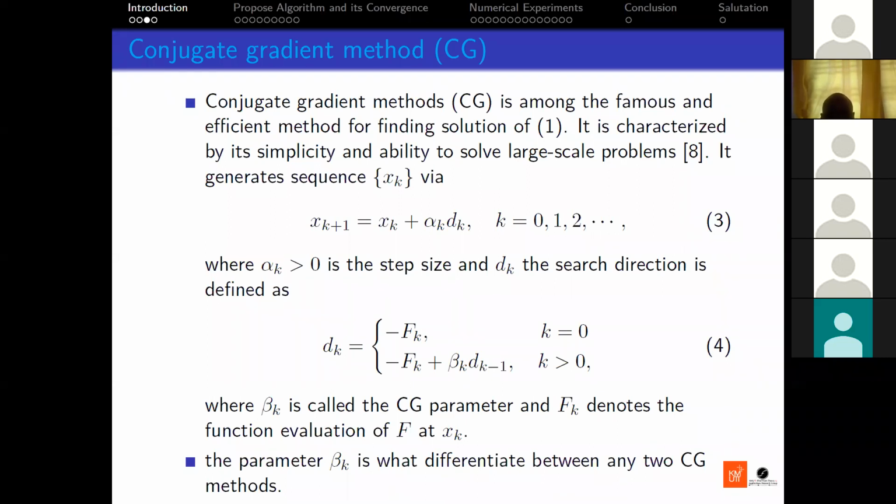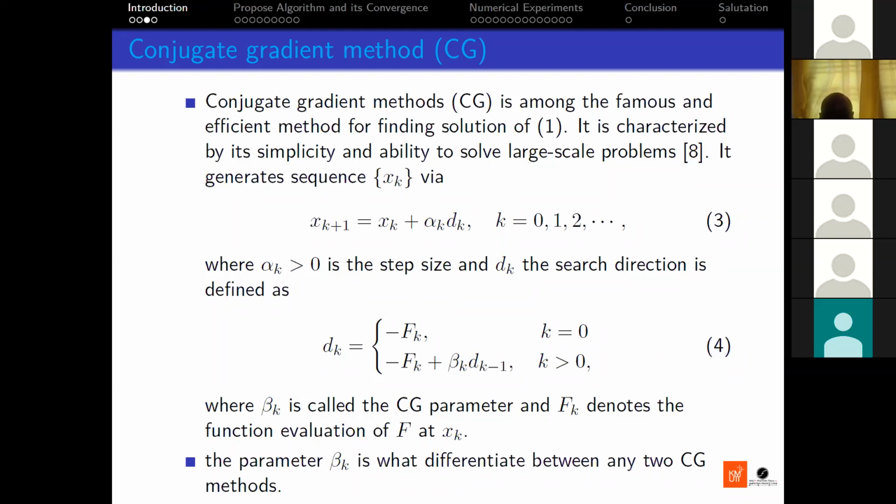So the conjugate gradient method works like this. It generates a sequence of iterates xk using the formula given by 3, which is xk+1 = xk + alpha k dk, where k starts from 0, 1, up to where the iteration stops. Alpha k is the step size, and dk is the search direction.